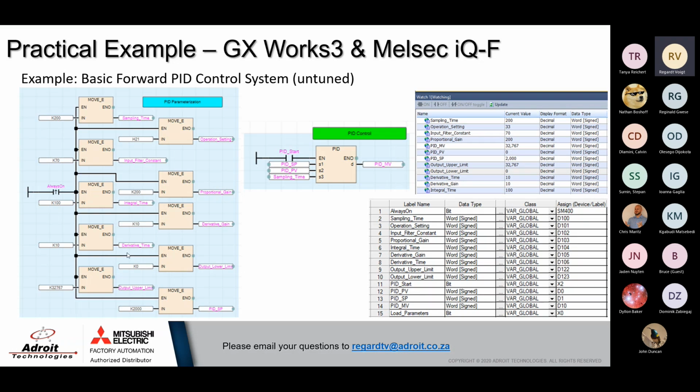For this demonstration, we'll just start with an empty GX Works3 program. We'll set the variables, and then we will create a PID block, and then we will set the parameters for this PID block. All these variables which we discussed so far are included in these parameters here.